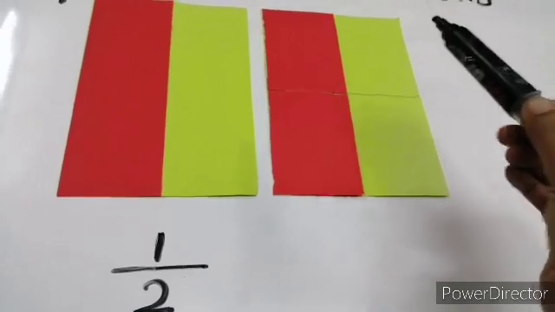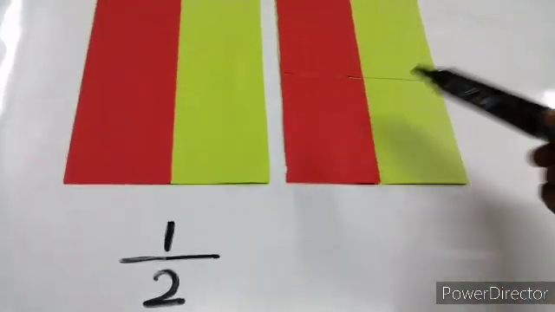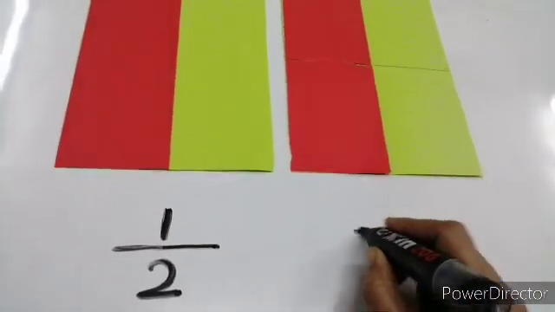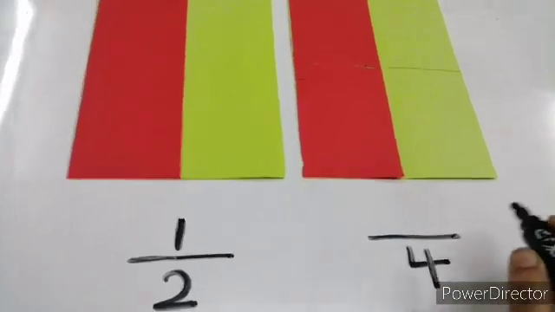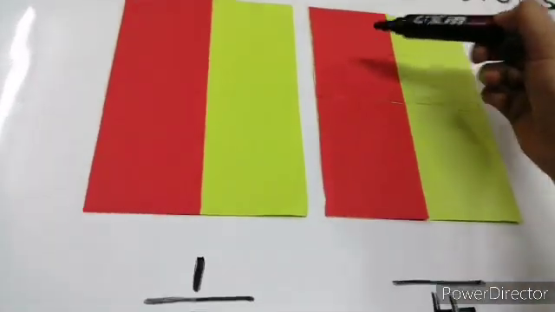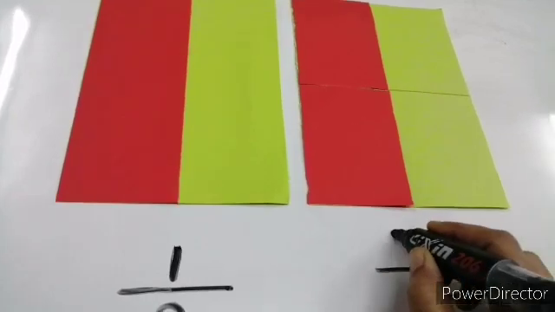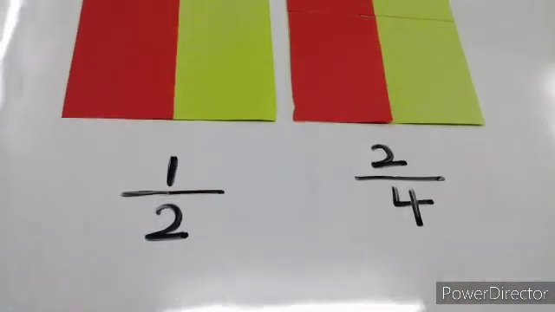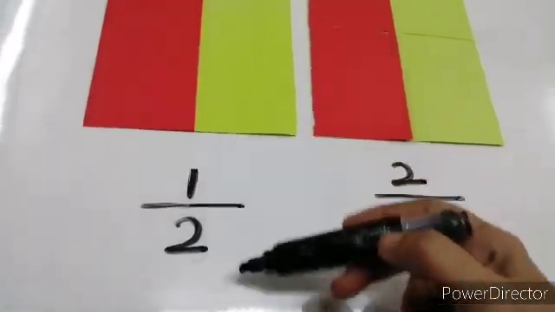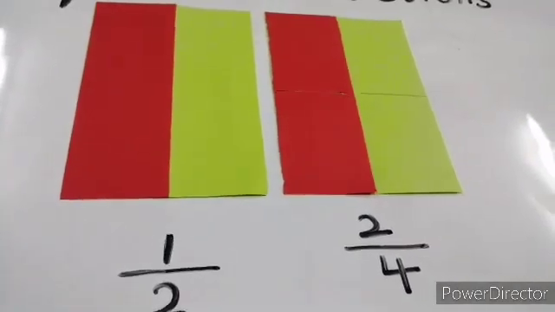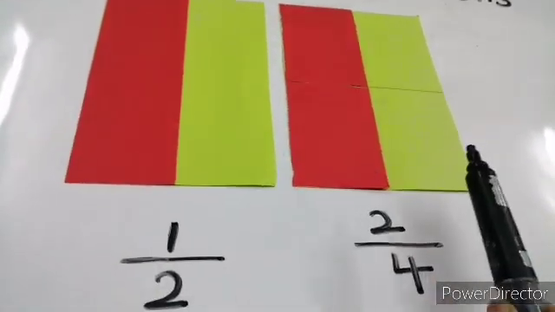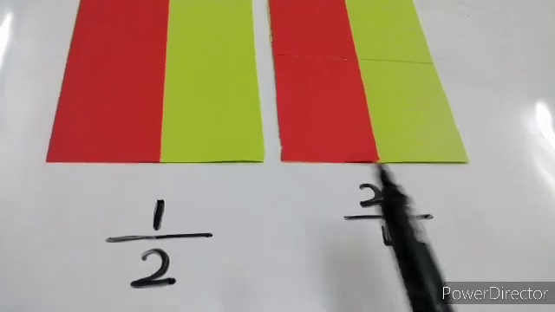Here, how many portions are there? 1, 2, 3, 4. So 4. And how many we have shaded? 1, 2. So 2. 1 by 2 and 2 by 4. See, they are coming from the same whole, but the numerator is different.